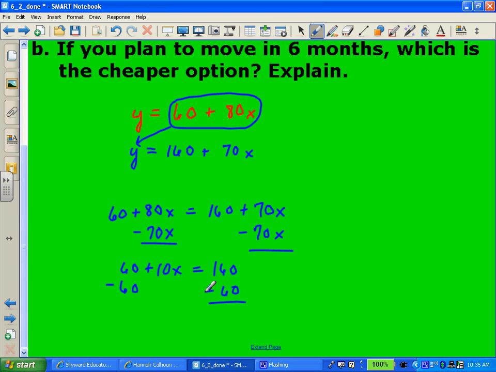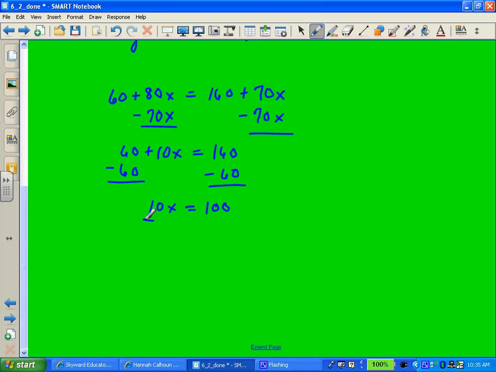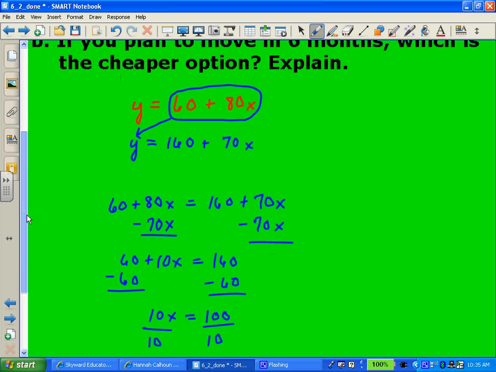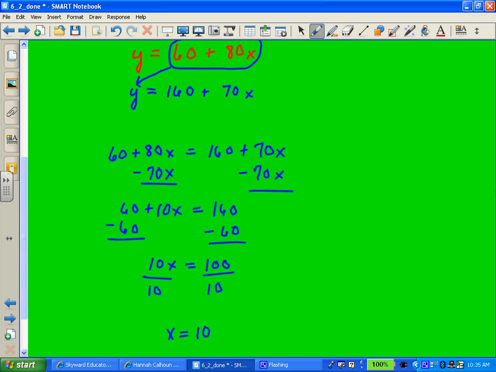Then I subtract 60. So 10x equals 100. Divide by 10. So x equals 10.